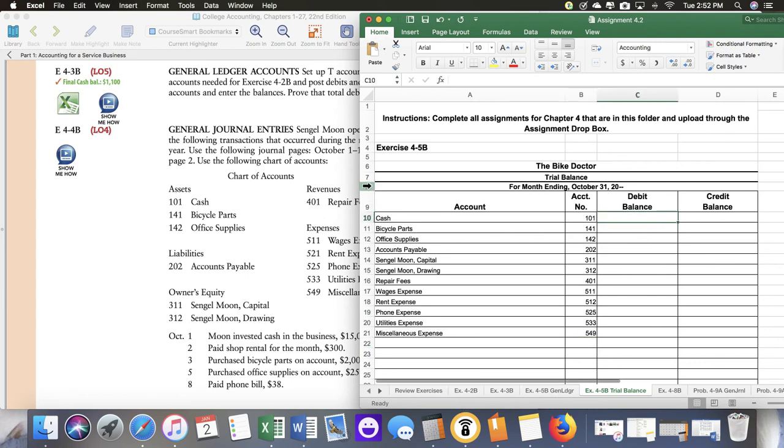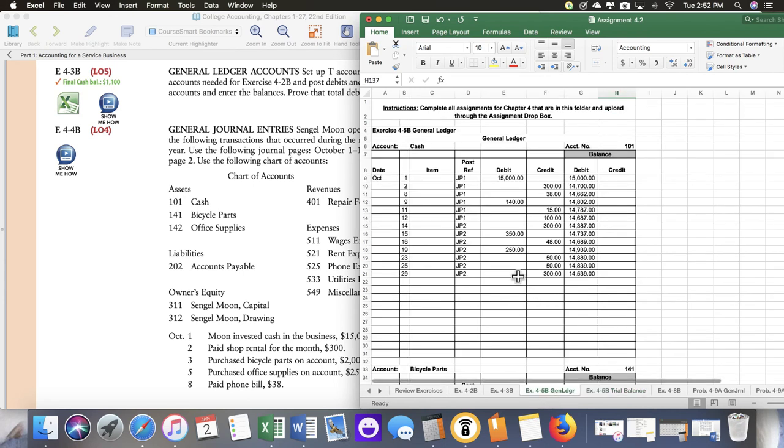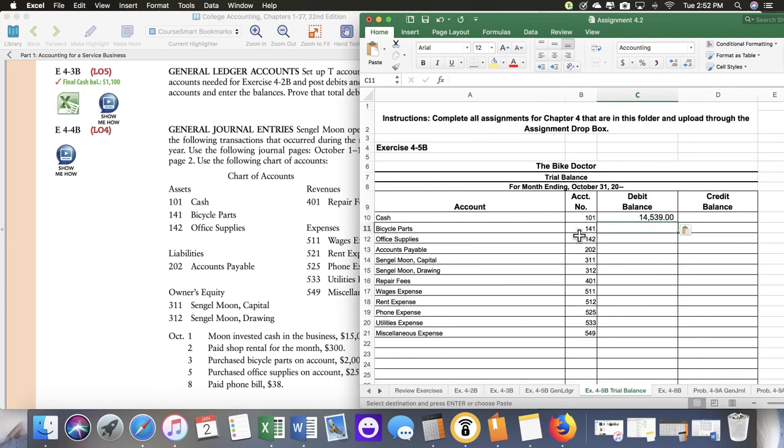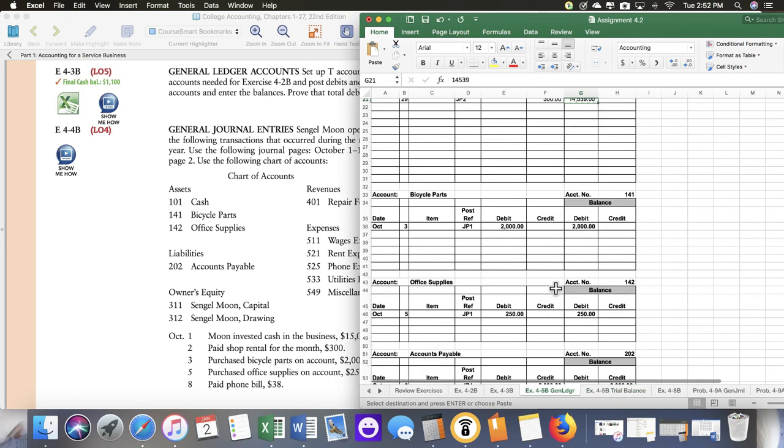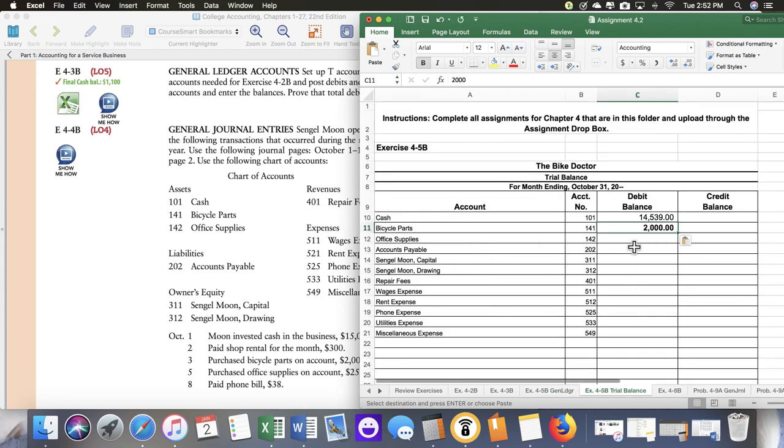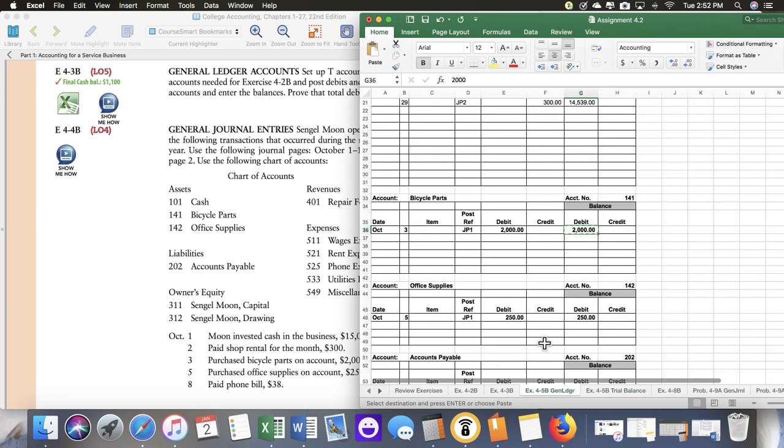Now we're going to have to go back to our general ledger accounts and enter in the total balances. So we have cash total balance of $14,539. I am just going to copy and paste so I don't accidentally mistype. That is quite a frequent mistake.